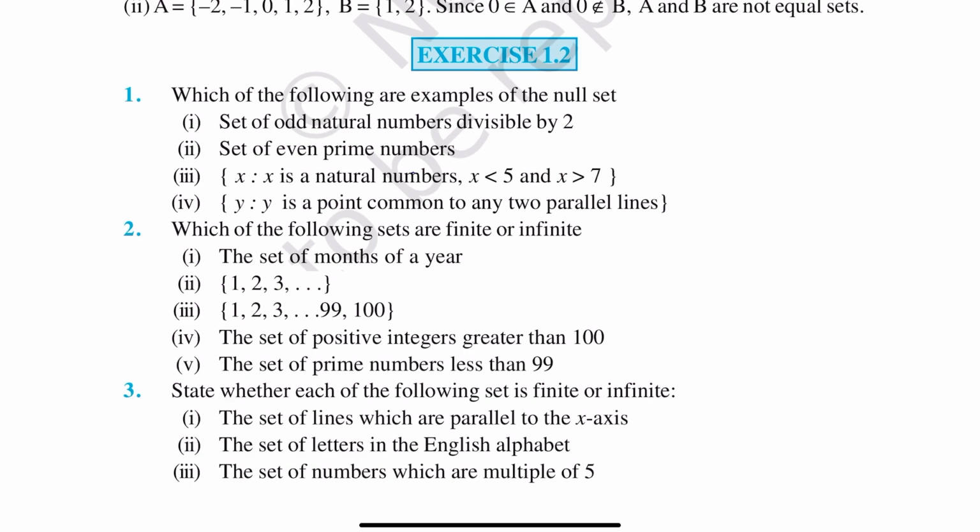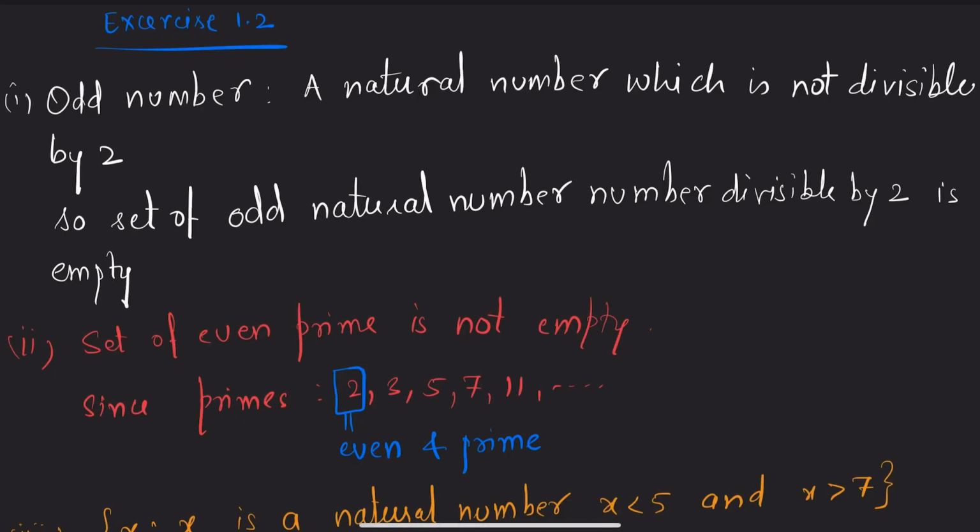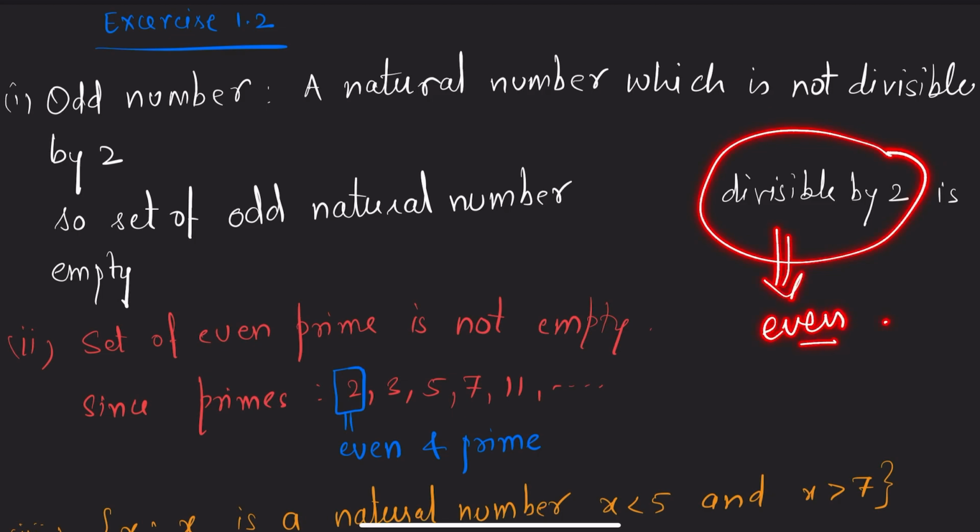So the first part is, the set of odd natural numbers divisible by 2. What is the definition of an odd number? An odd number is a natural number which is not divisible by 2. So the set of odd natural numbers divisible by 2 is empty, because if it is divisible by 2, then the number becomes even, not odd.